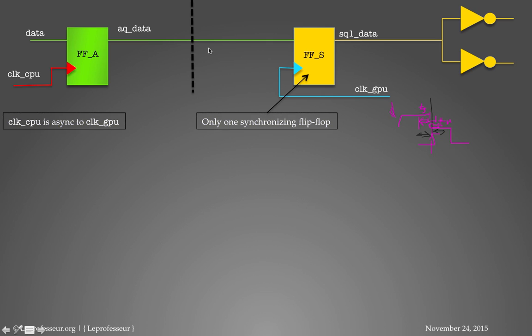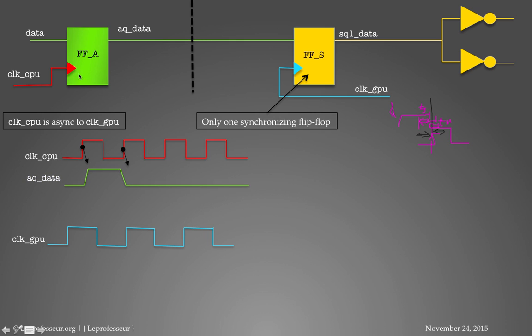So let's say clock CPU is asynchronous to clock GPU, and we have only one synchronizing flop here. Let's say these are hypothetical clocks, clock CPU and clock GPU, and our data, which is the output of the flip-flop from the CPU clock, AQ data, looks this way.